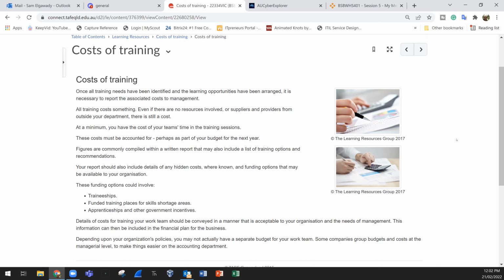Sometimes we need also to calculate something very important. Many people don't think of it. If my organization is sending me to attend a training, obviously we think about the fees that we are paying. But what about the work I'm not doing during this day or these days?